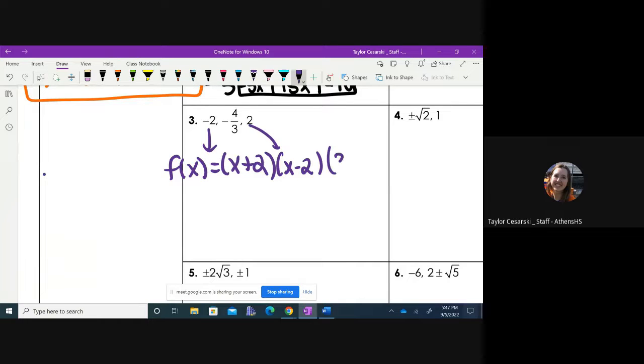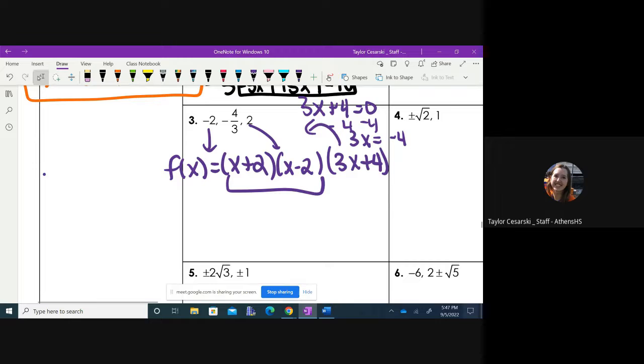So that's going to be 3x plus 4, because let's think about this. If I did 3x plus 4 equals 0, I would minus 4 from both sides, so 3x equals negative 4, and then divide by 3. So x would equal negative 4 over 3. And again, you would just multiply these out. I would do these two first because you know that's going to be x squared minus 4, and you'll have some cancellation of that middle term.